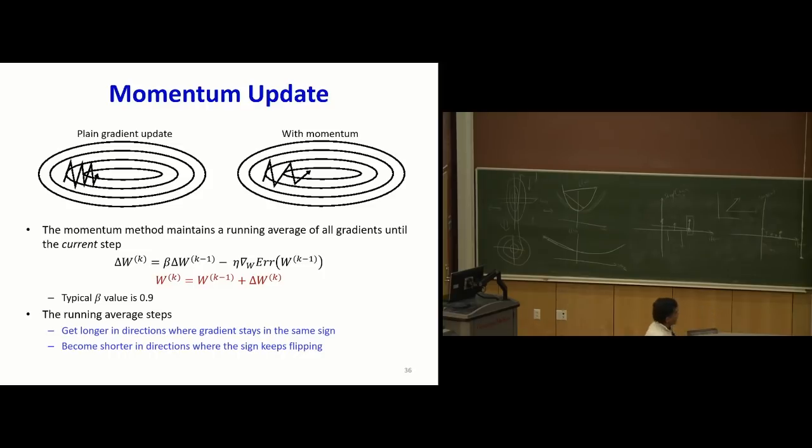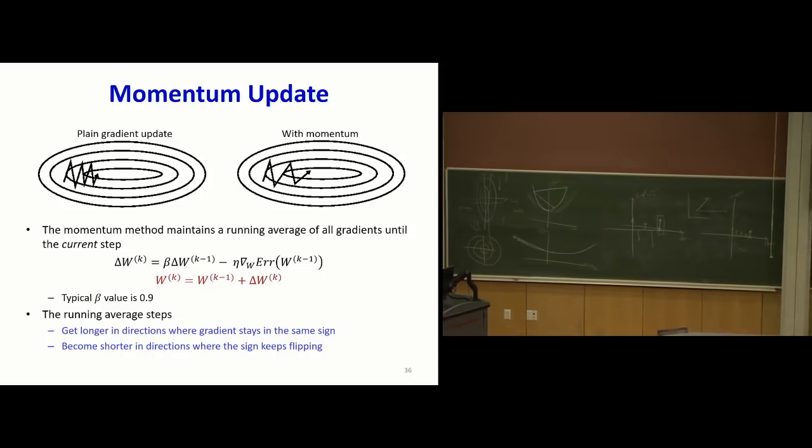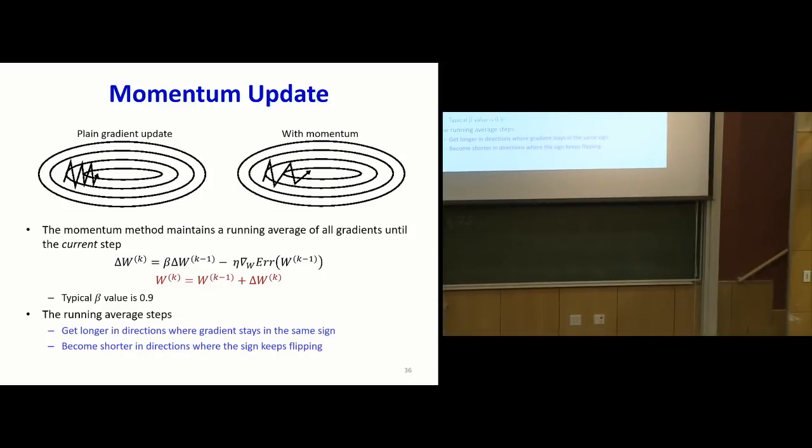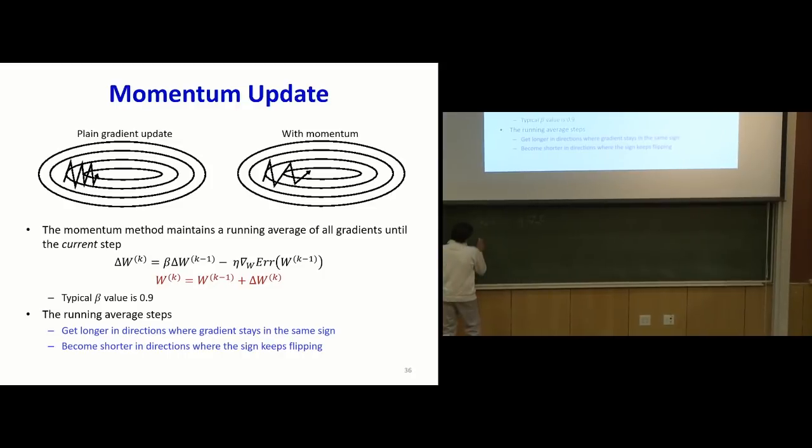And so the correct way to think about this is I'll call the current suggestion, say the step at time k, equals eta times the gradient at time k, right? And then I can say the actual step, S bar equals beta times S k minus 1 bar plus 1 minus beta times S k.